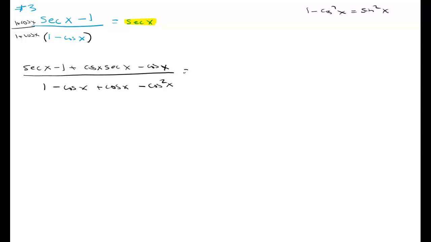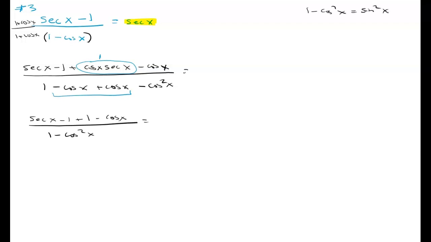So a couple things. I notice that this guy right here, those are reciprocals of each other, so I know that that equals 1. And I notice that this guy right here will cancel each other out. So I have secant of x minus 1 plus 1 minus cosine of x. And then this now is 1 minus cosine squared of x.